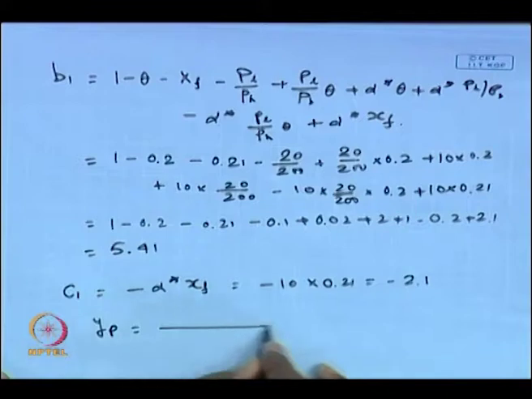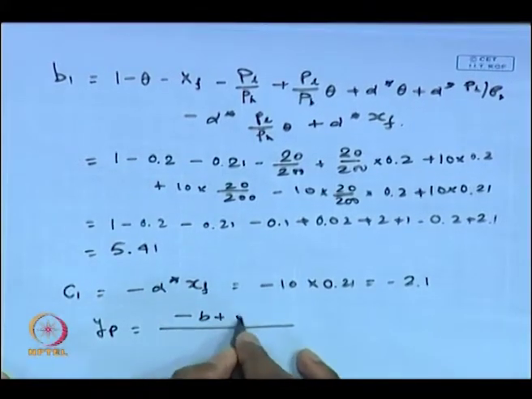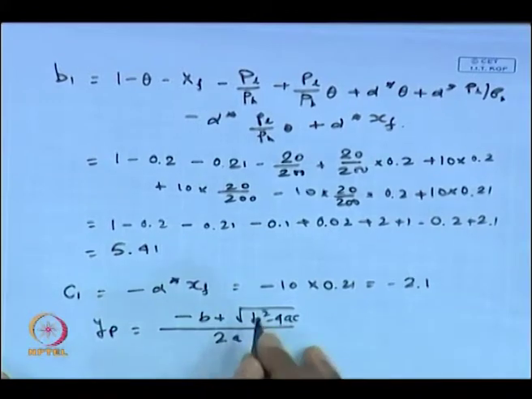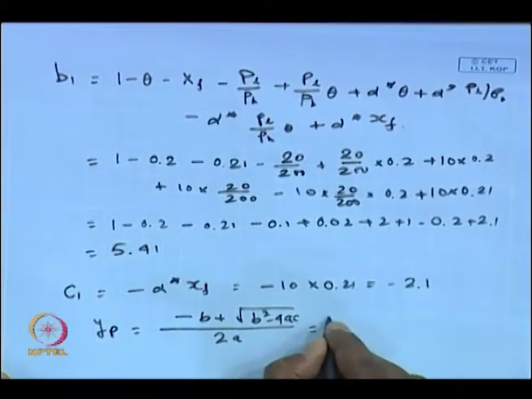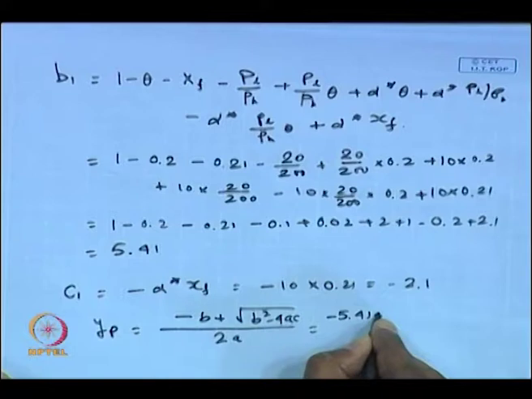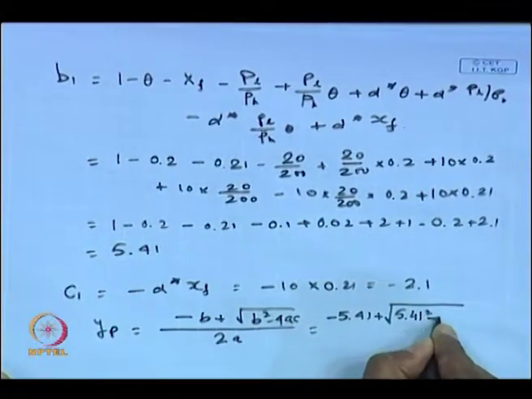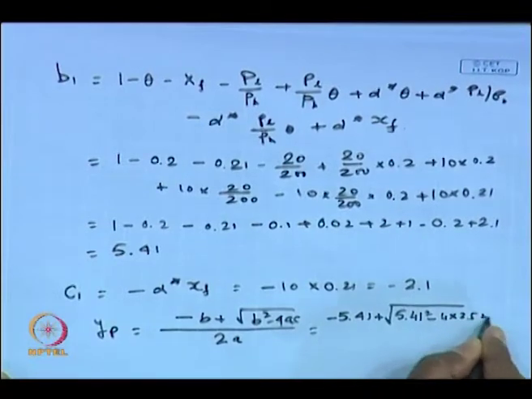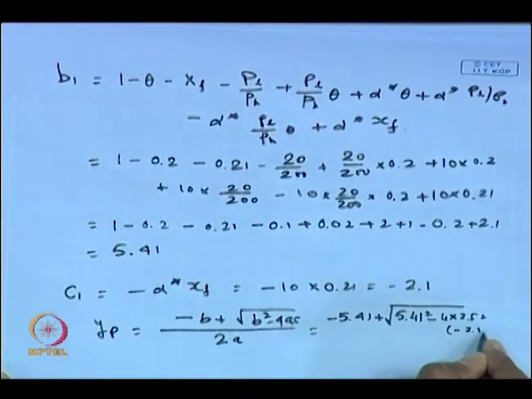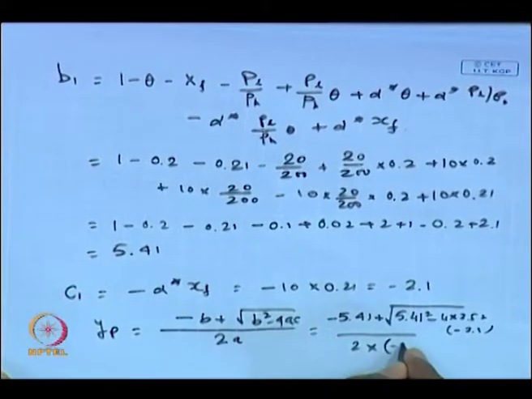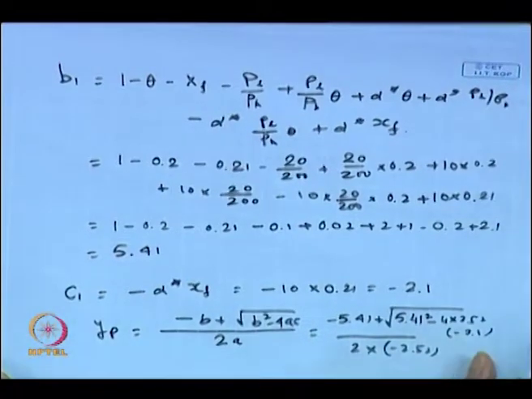So, it is minus b plus under root b square minus 4ac divided by 2a. If you put all the values, it turns out to be 5.41 plus the square root of 5.41 square minus 4 into 2.52 into minus 2.1, divided by 2 into minus 2.52, and the value of Y_p turns out to be 0.501.